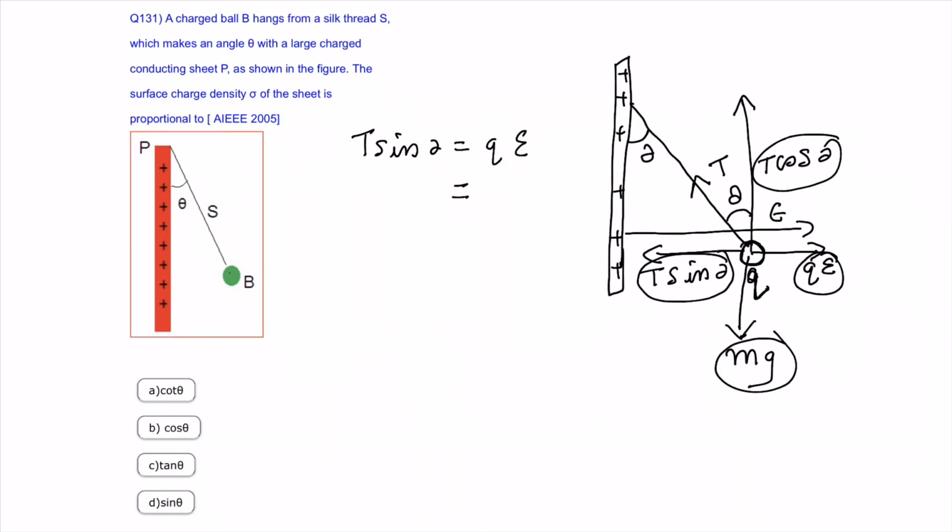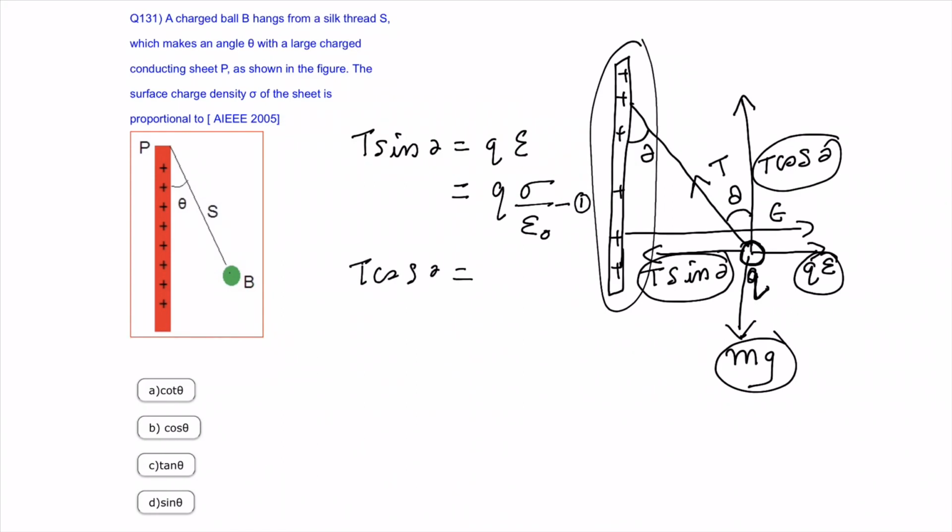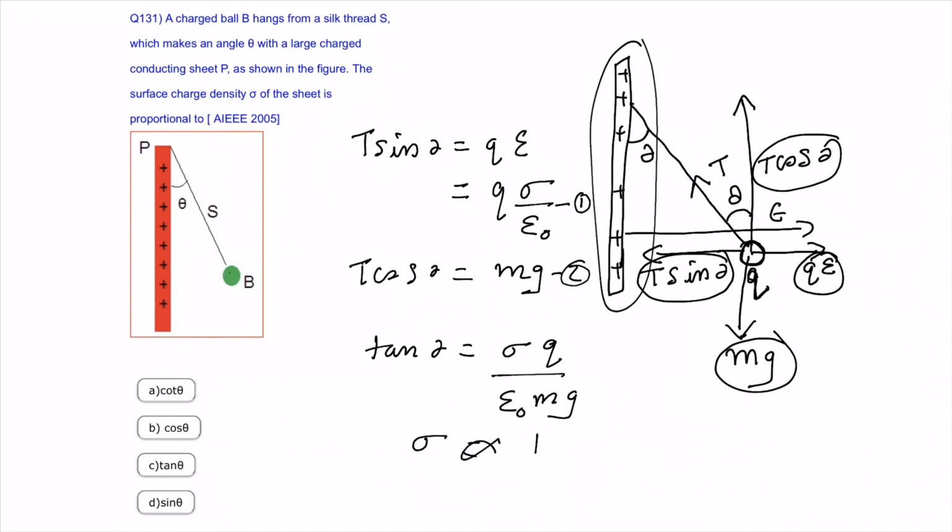And the electric field produced by a charged plate is what? You remember that it is sigma by epsilon 0. So that is equation number 1. And T cos theta is equal to mg, equation number 2. Dividing 1 by 2, you will get tan theta is equal to sigma q by epsilon 0 mg. From that you will get sigma is proportional to tan theta, and that is answer number C.